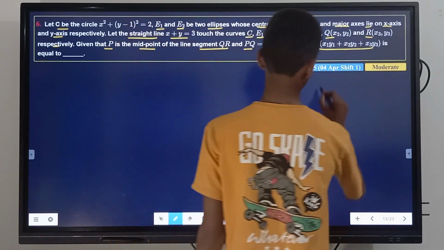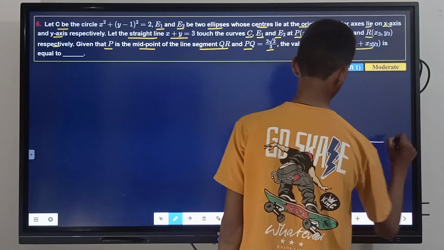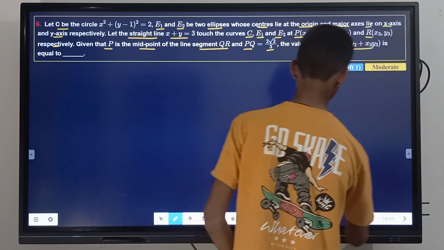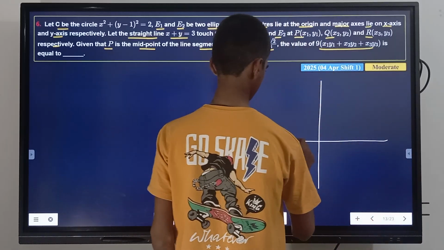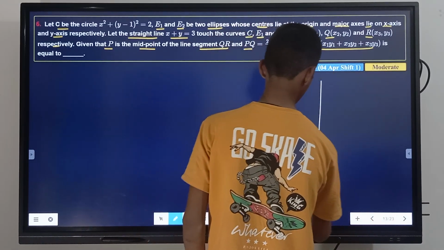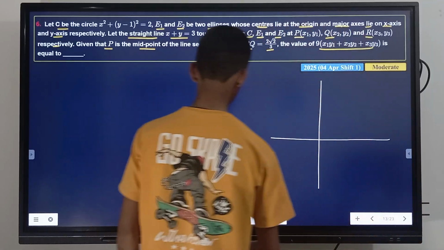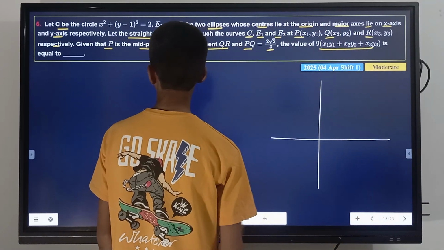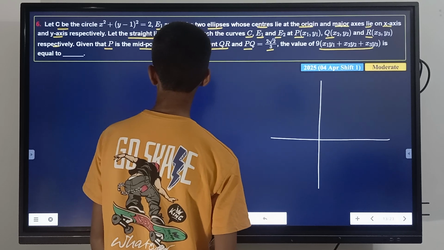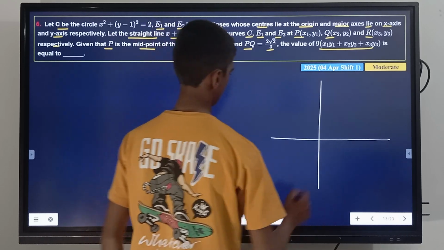First, let's plot the graph. Now here we have circle C. Center is at 0, 1.